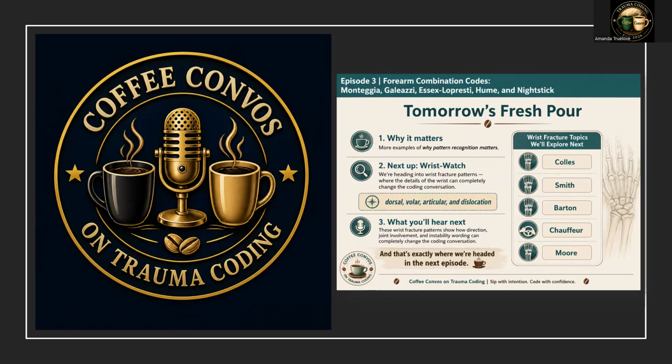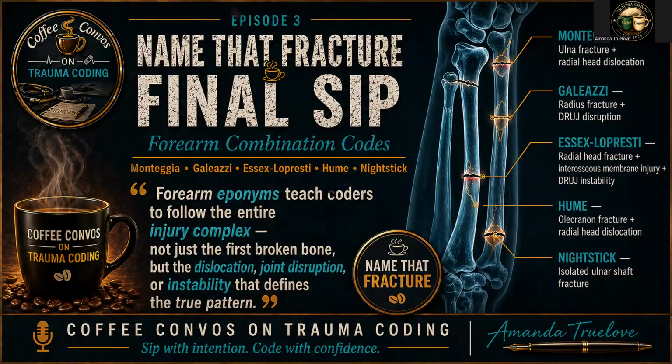So, moving forward, that final SIP would really be that your forearm eponyms teach coders to follow the entire injury complex, not just the first broken bone, but the dislocation, consider joint disruption, look for instability that defines the true pattern. Now, in our next episode, we are going to move into the wrist, where dorsal, volar, articular, and dislocation wording can completely change the conversation again.